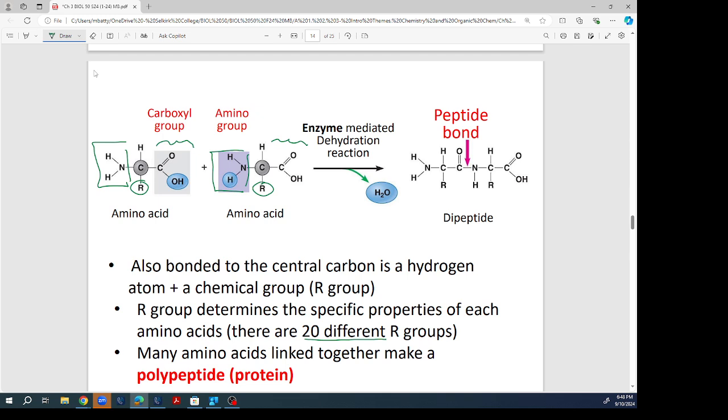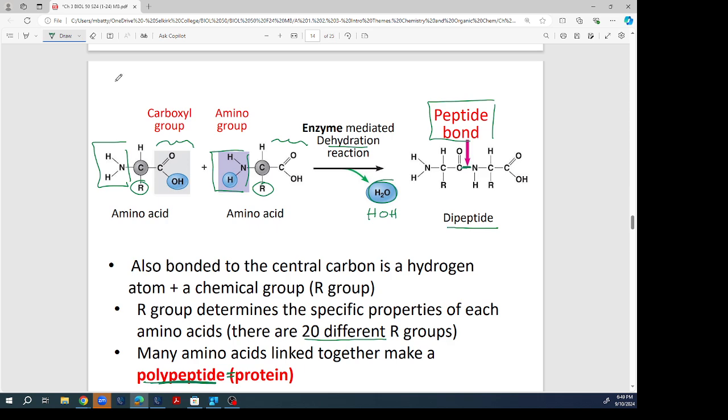We have an OH and an H coming out as HOH, or H2O, so that's a dehydration reaction. And that link right there that's holding the two together is called a peptide bond. So two together would be a dipeptide, many together would be a polypeptide. And you can use those two words somewhat interchangeably. The better word for the polymer is a polypeptide, but when we talk about a polypeptide, you could replace that with protein if you like.